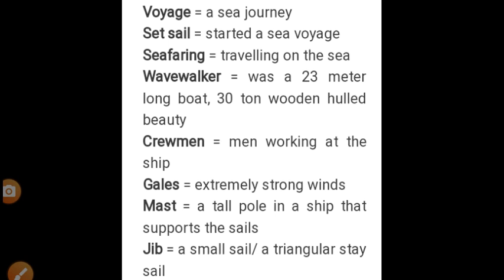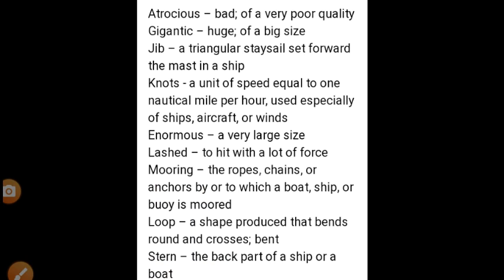Crewmen means men working on the ship. Gales are extremely strong winds. Mast is a tall pole in a ship that supports the sails. Jib is a small sail or a triangular stay sail. Atrocious means bad or very poor quality. Gigantic means huge. Jib, as I told you earlier, is a triangular sail.